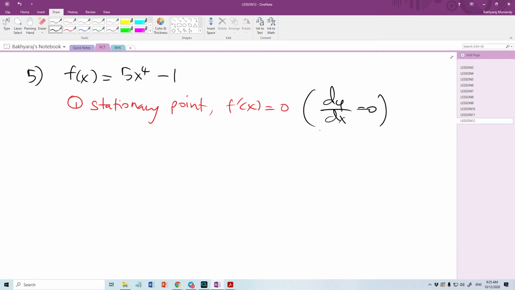I think this one easier to go actually, where the first derivation is very easy. So if you look at here, you get the first answer is actually what? f prime x will be equals to, differentiate 5x power of 4 will get 20x power of 3, minus 1 becomes 0 lah.